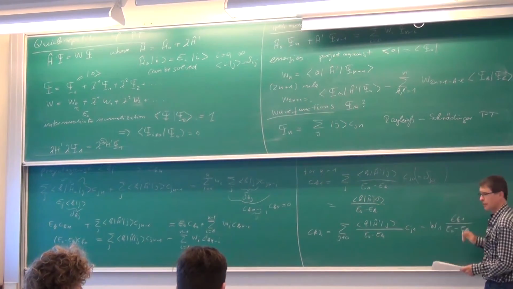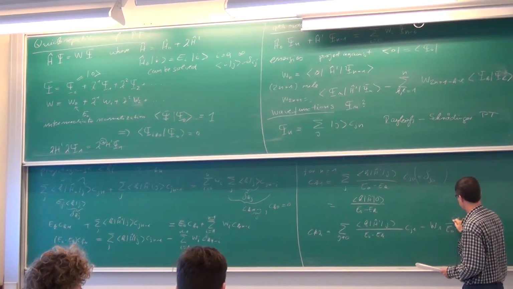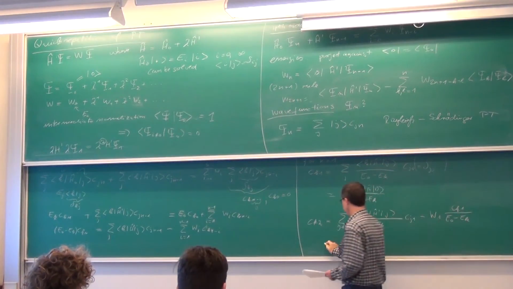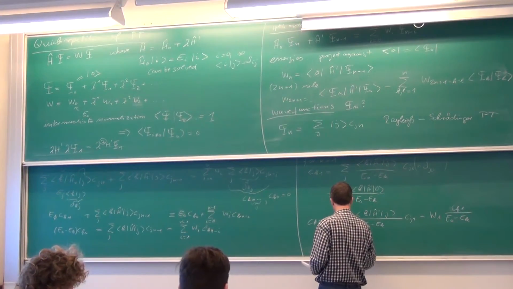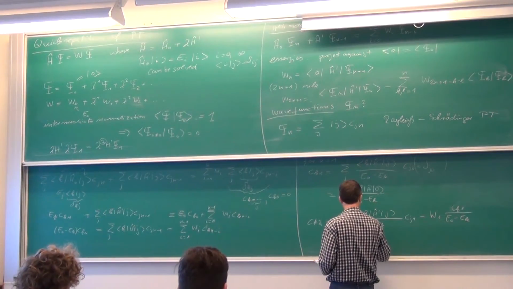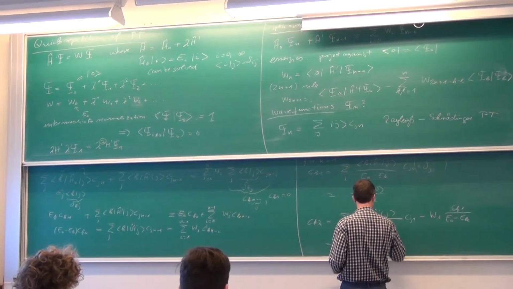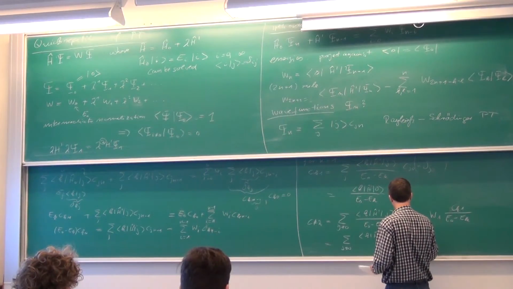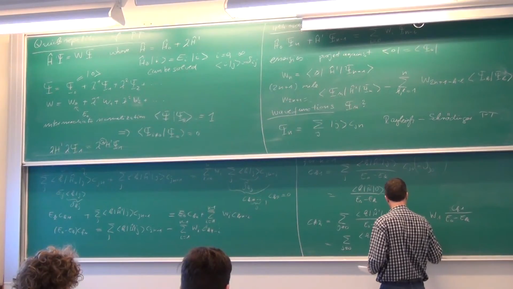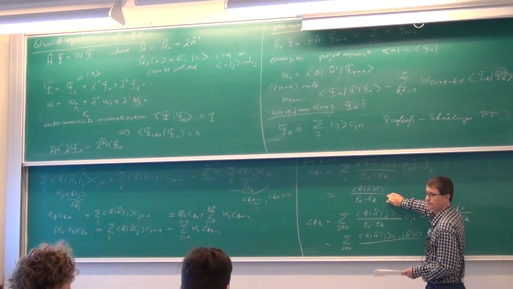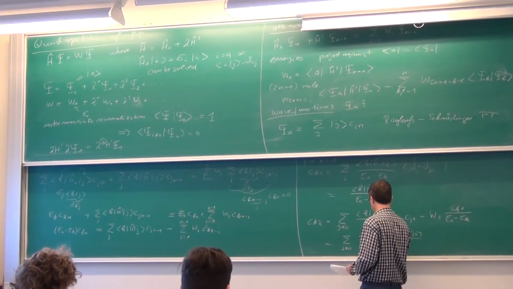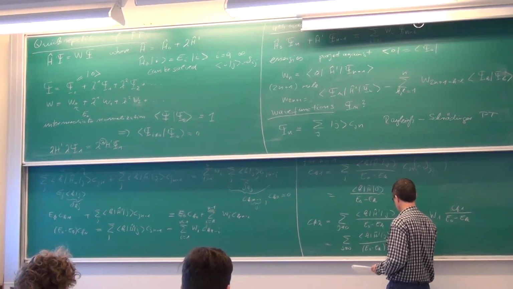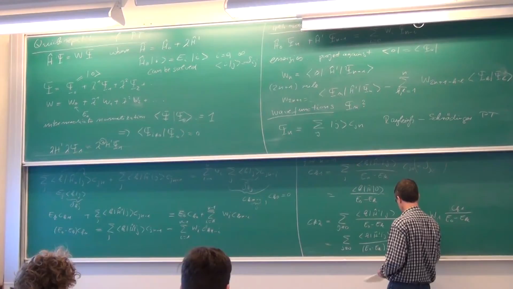And then of course I can insert my 2 first order coefficients. Which then makes this sum over j not equal to 0, k, h prime, j, h prime 0, that's this one, divided by E0 minus ek, now in parentheses because I have to multiply it with that one, which is E0 minus ej.